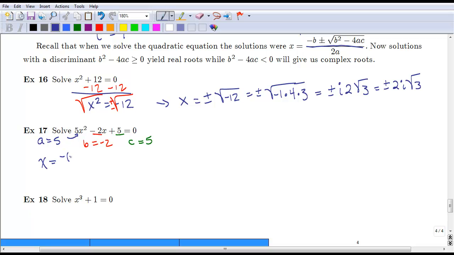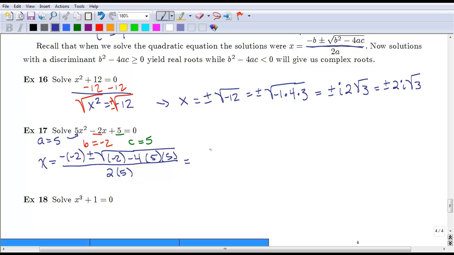So we've got negative 2 plus or minus the square root of negative 2 squared minus 4, a was 5, c was 5, all divided by, make sure you draw that division symbol all the way underneath, 2 times a, which is 5.